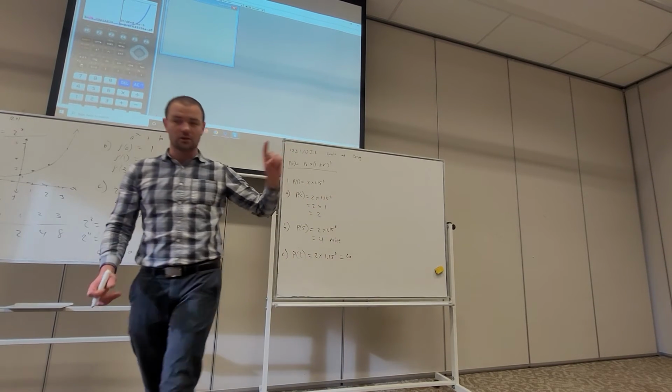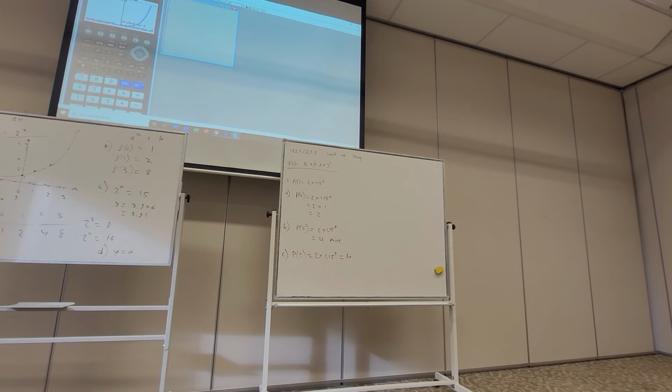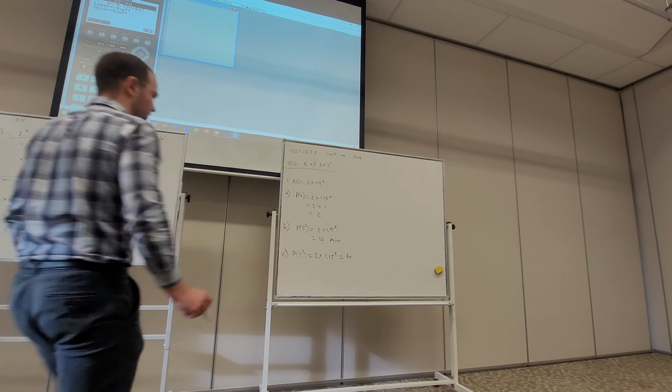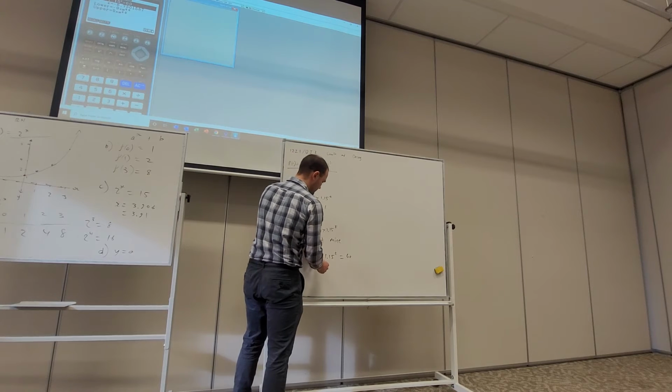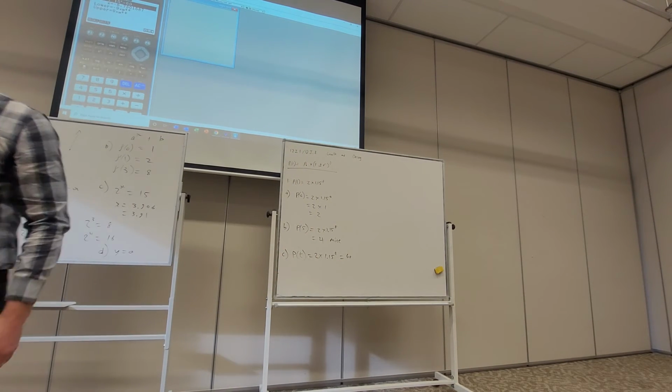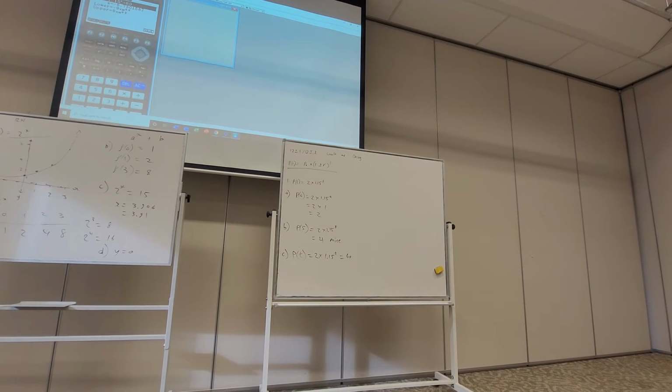That's one procedure. I'll show you another one, and maybe follow along so you can familiarize yourself with this skill. Let's go to the main menu, Equation, and then Solver. I've typed in exactly what I'm trying to solve: 2 times 1.15 to the power of X, because that's the variable we use in our calculator, equals 60.